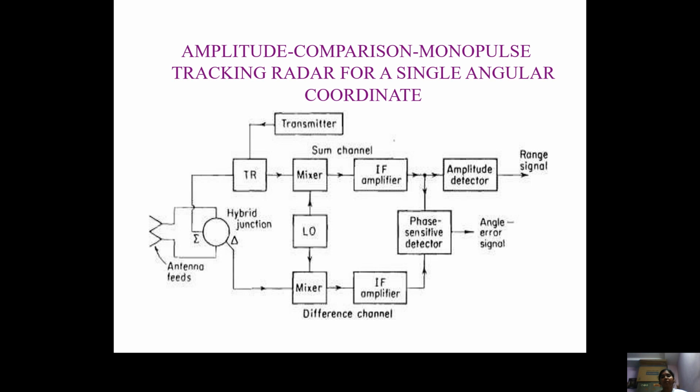Here this hybrid junction is able to produce the sum and difference of the two antenna signals, the two antenna patterns.